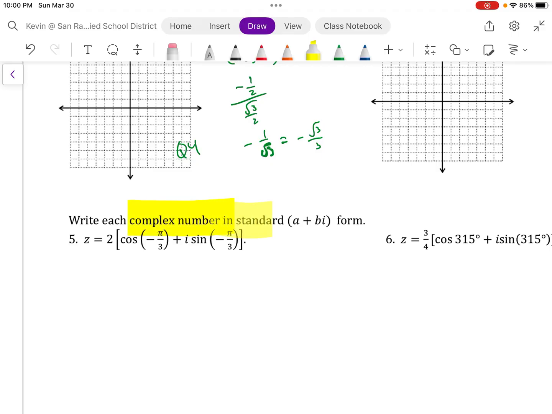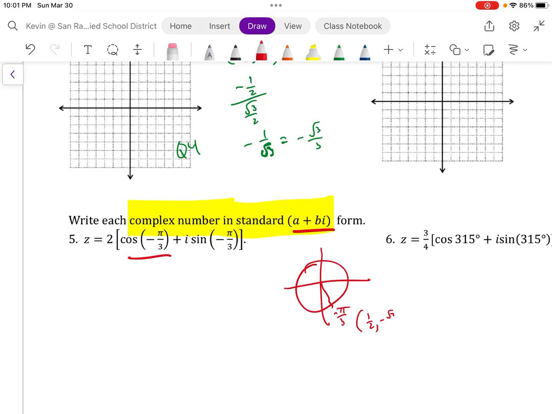Okay, so now we're going to write them as complex numbers in standard form, a plus bi. What is the cosine of negative pi over 3? We know from our unit circle that this is going to be 1/2 and negative root 3 over 2.